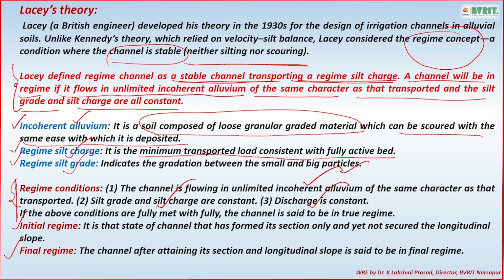The bed slope of the channel is still undergoing changes. Once the water flows, the shape first changes and then the slope changes, because it is not a lined canal, it is a channel passing through alluvial soil. Therefore, first the channel has formed its own section, but the slope is not yet formed. That is what we call initial regime.